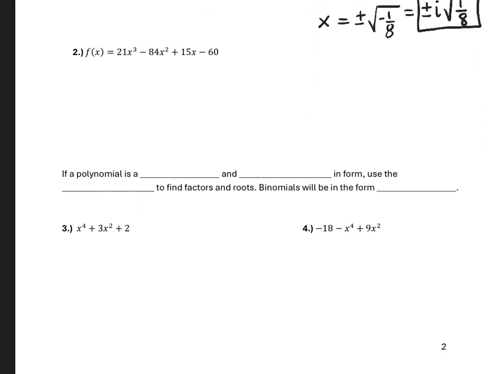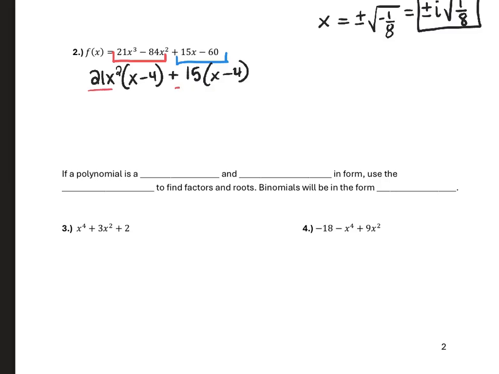let's factor this by grouping. So I'm going to put these ones together, and I'm going to put these ones together. So out of 21x cubed minus 84x squared, I can pull out 21x squared as a common factor, which would leave me with x minus 4. And then out of my other one, I could factor 15 out of both, x minus 4.